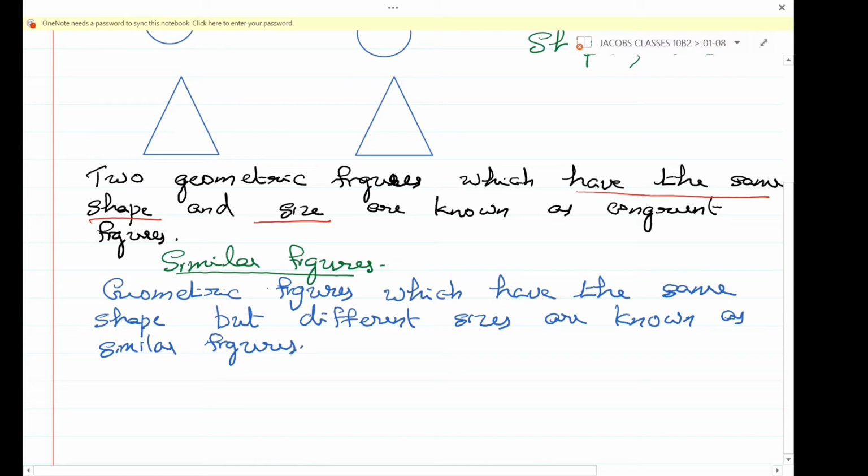So geometric figures which are the same shape but different size are known as similar figures.